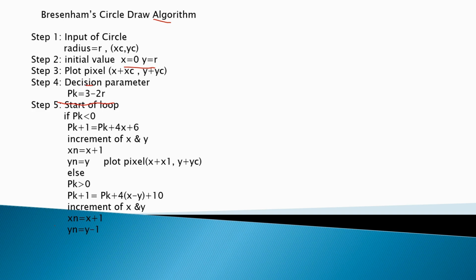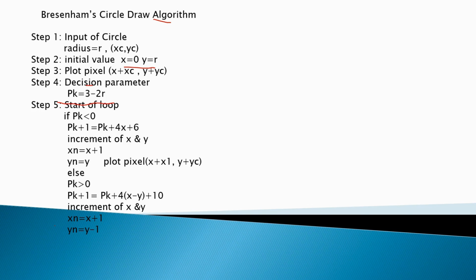This is the condition when pk is greater than 0, or positive. In the condition of a negative pk value, we just increment the x value by 1 and y is taken as the previous value. I hope this is clear.